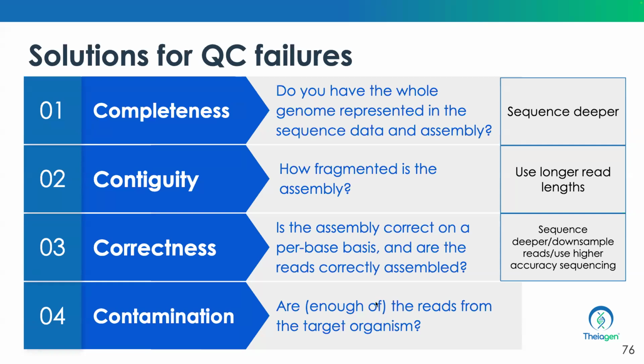But if you're having contamination, then probably you might have to just isolate and sequence your samples again, because that might be quite difficult to solve at this stage bioinformatically.